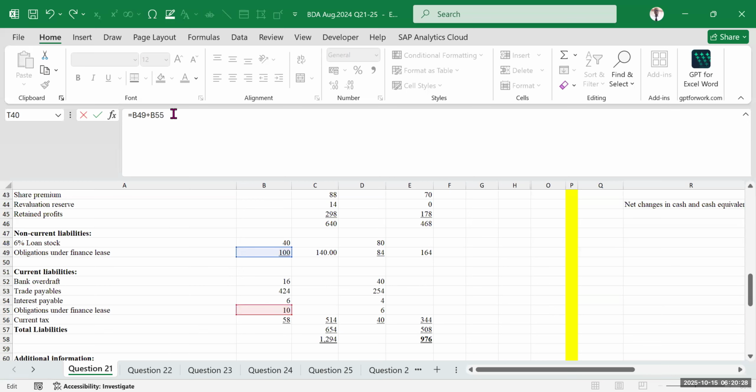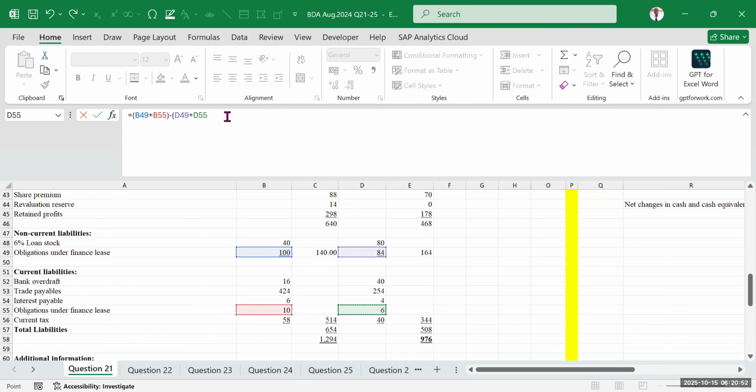After picking the closing balance, I close this bracket and compare it with the total opening plus adjustments. So I'll open another bracket and say, what were the opening liabilities? The opening liabilities were this 84 and the 6, right? 84 and 6. Then I do any adjustments to them.